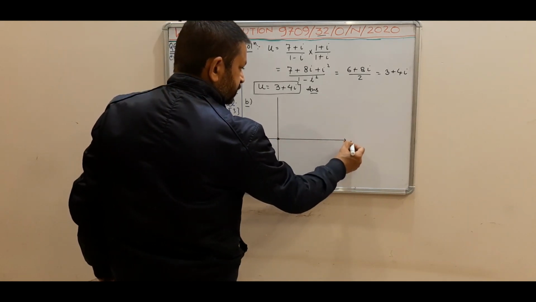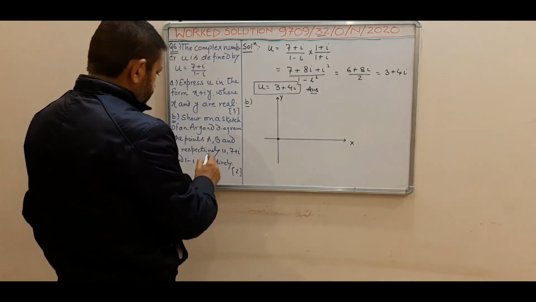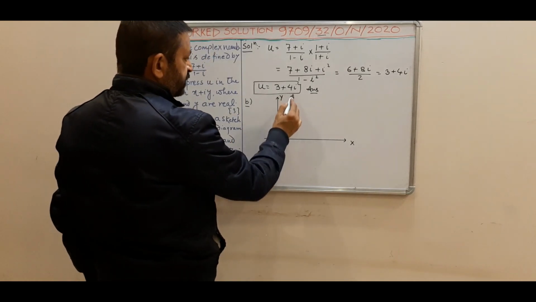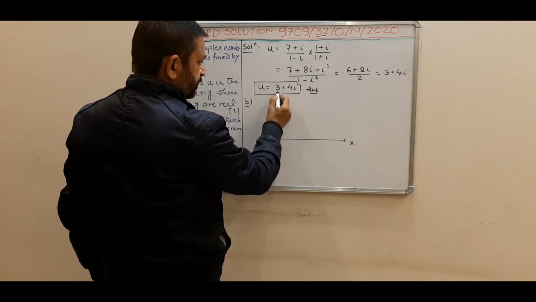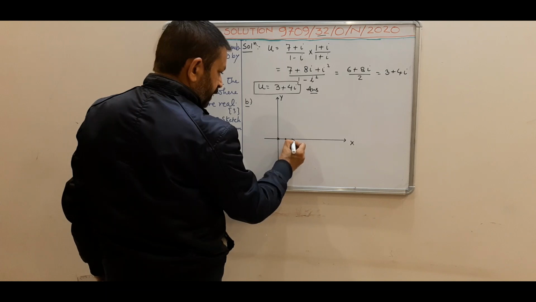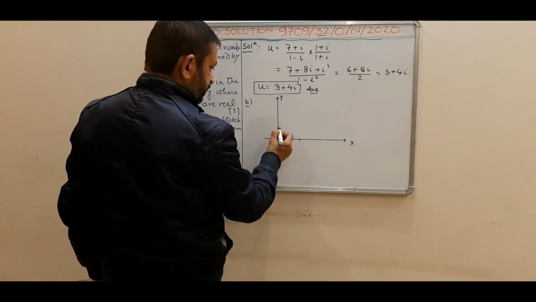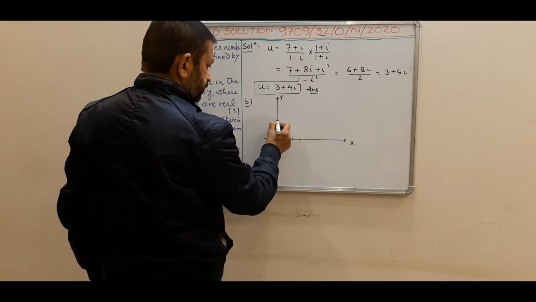This is the real axis and this is the imaginary axis. So u stands for 3 plus 4i. So on the x-axis 3 and on the y-axis 4. I'm just marking here 1, 2, 3, and on the y-axis we have 1, 2, 3, 4.